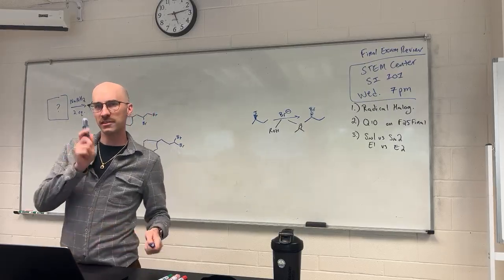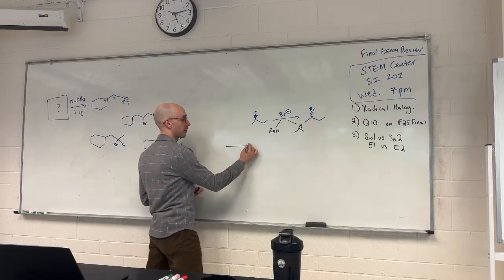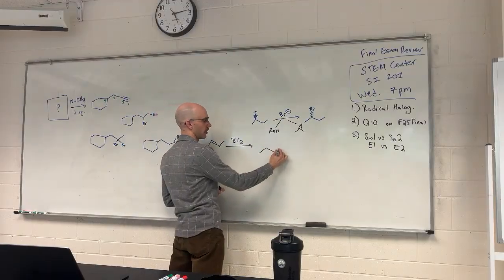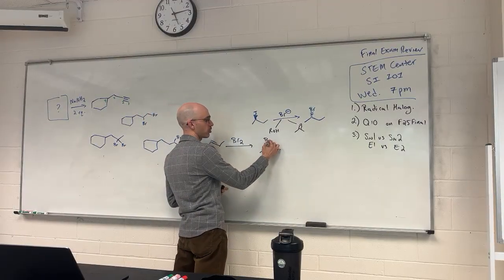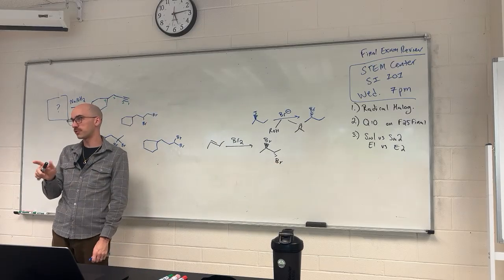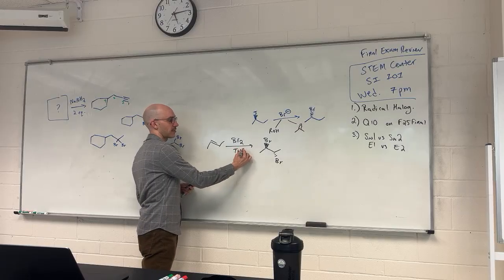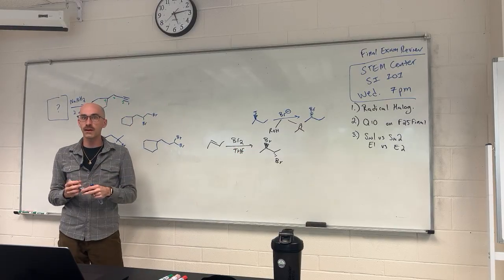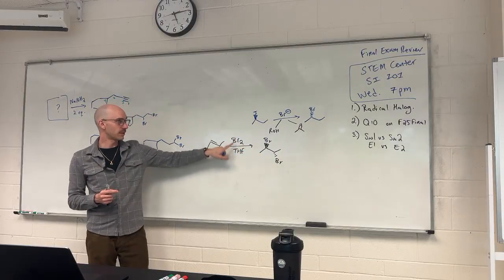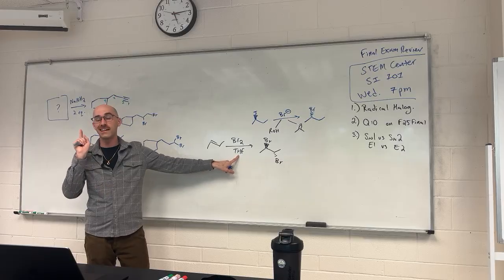Do you have specific questions that really hit on the solvent? I did tell you earlier in the semester, I'll show you halogenation, and I won't show it with a solvent. I will show you halogenation just Br2. But on Active, you might see it as Br2 with THF. Anywhere that you see a chemical change, and the only difference is that there's a solvent added, that solvent is doing nothing.